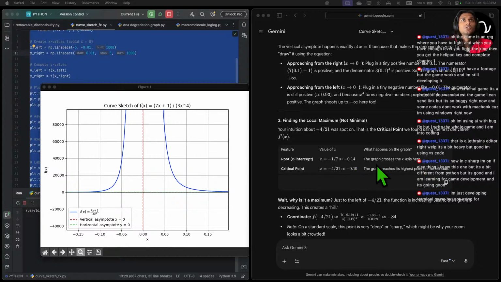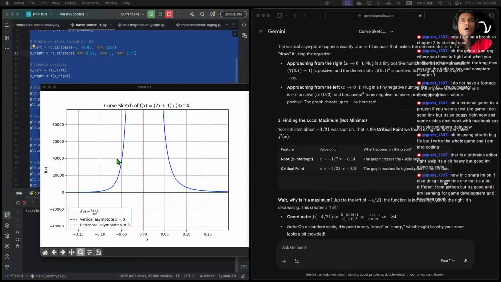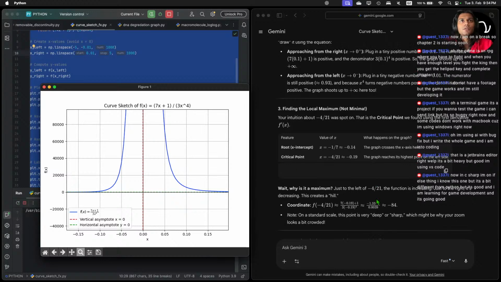The graph reaches its highest point on the left side. What do you mean highest point? I'm having a bit of confusion on that.